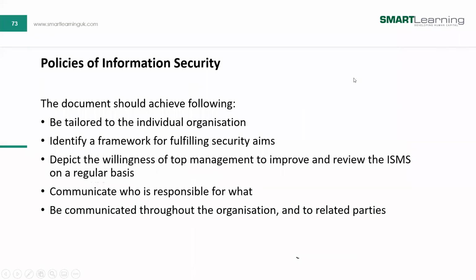This policy should be tailored to your particular organization because the requirement clearly states that it should contain issues, internal and external. It should identify a way of fulfilling your objectives, which can be called goals or aims. Within that policy, you must have a way of expressing your objectives. That is how you will be measured whether you have achieved your objectives.